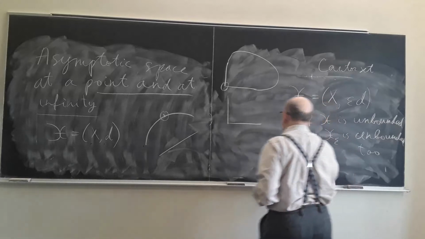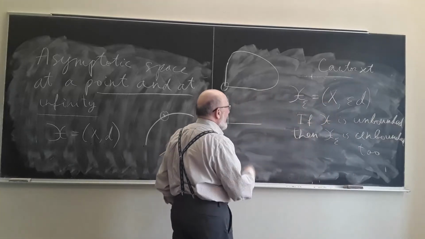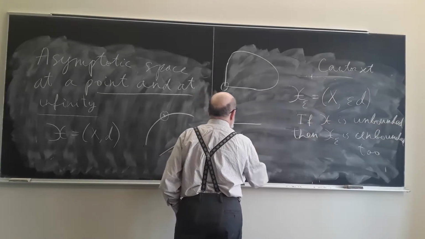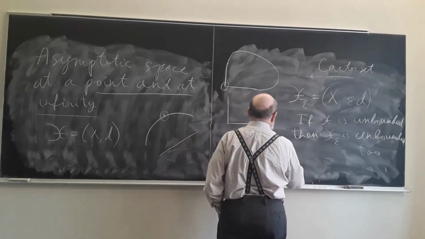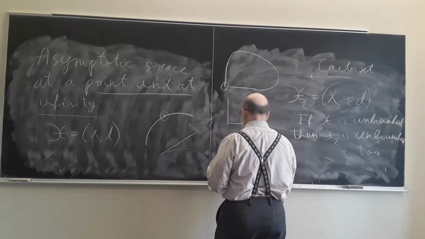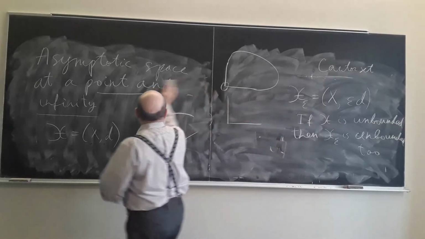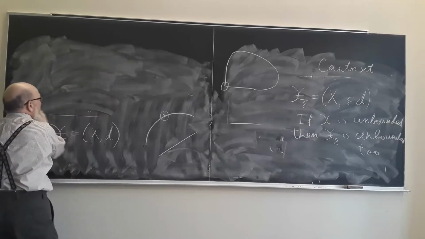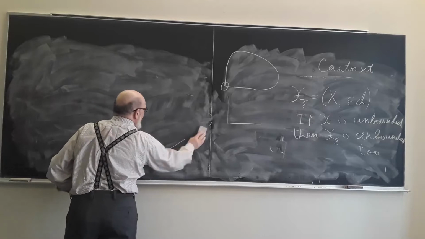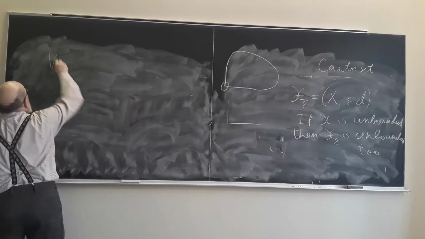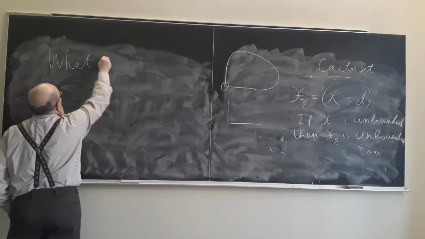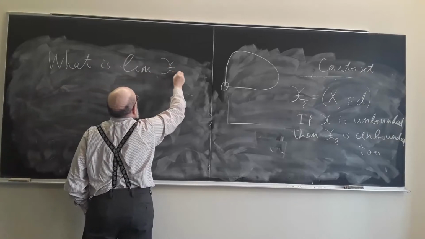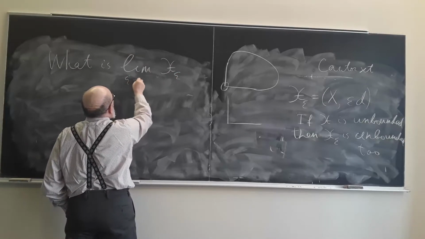And the problem is the question: what is the limit of this set X epsilon when epsilon goes to 0?